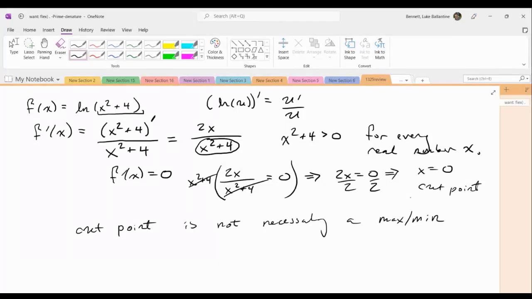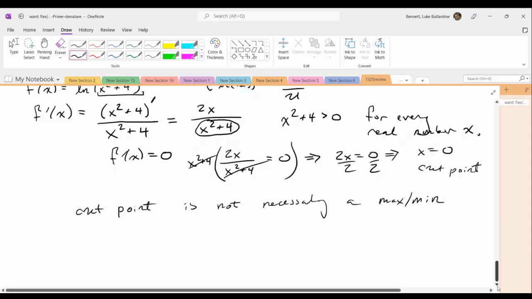Like the points near it, maybe they're up on one side and down on the other side. So it's just some point in the middle. And I can give you an example. If we have x cubed, then the derivative is 3x squared. And this equals 0 when x is equal to 0. But we know the graph of the cubic function looks like this.